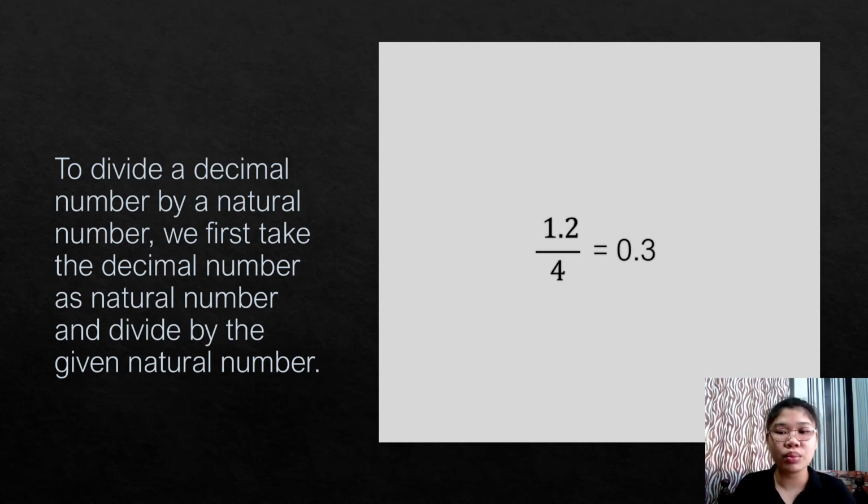So, we need to move the answer 3 by one decimal place. From the rightmost place, we have to move it by 1 because we have here a decimal 1.2. So from 3, our final answer is 0.3. So here we have the special case for division.